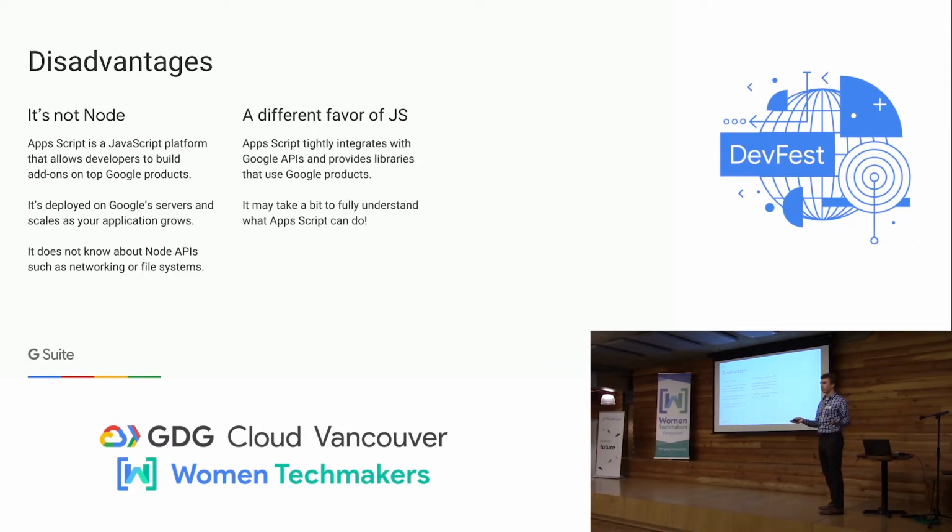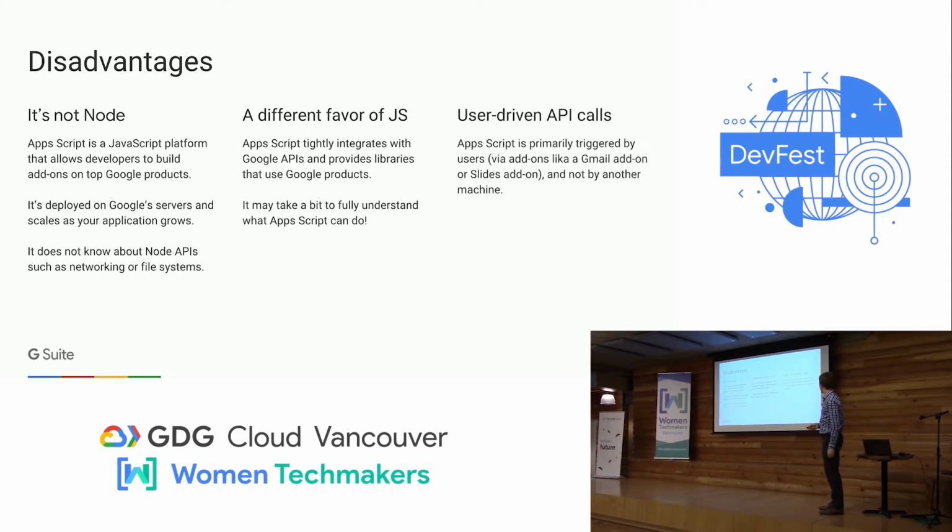And then it's a different flavor of JavaScript. So you'll see some examples where it's using a Google API, and it's maybe some JavaScript concept you haven't seen before. It takes a while to fully understand what AppScript can do. There's really hundreds of services, and they all do different things.